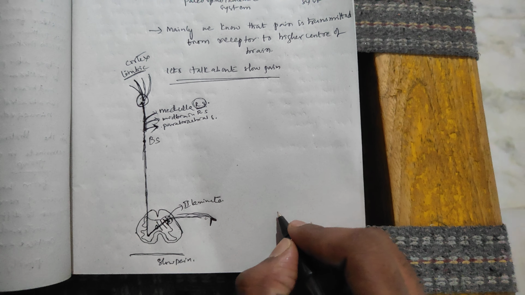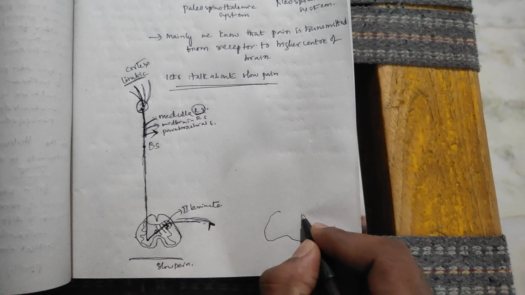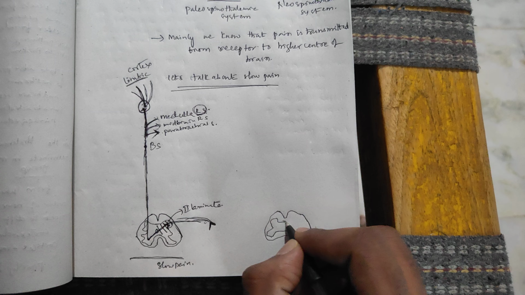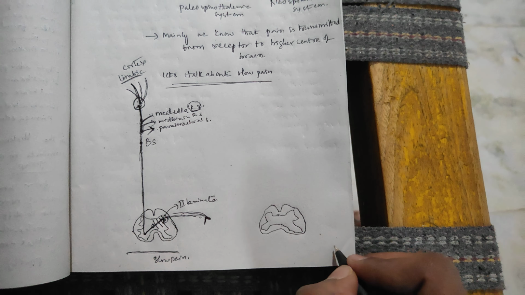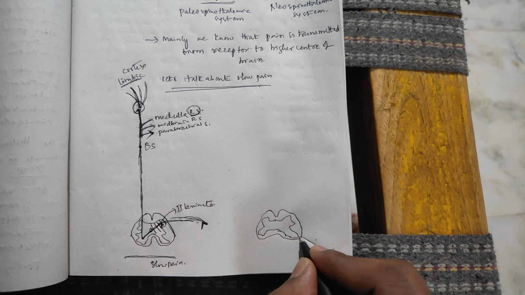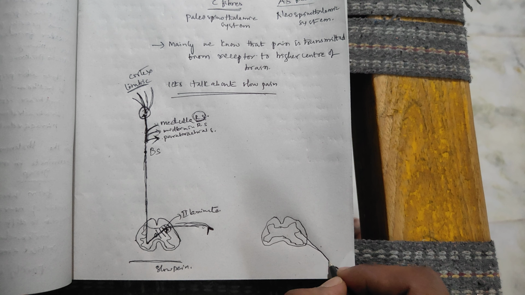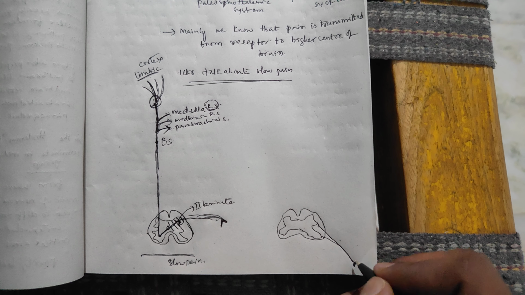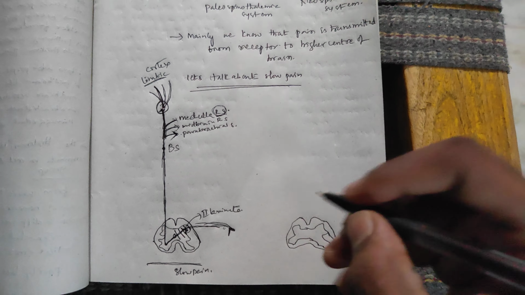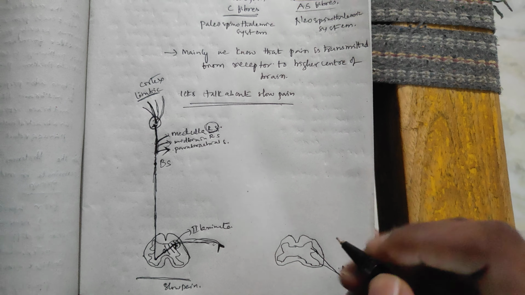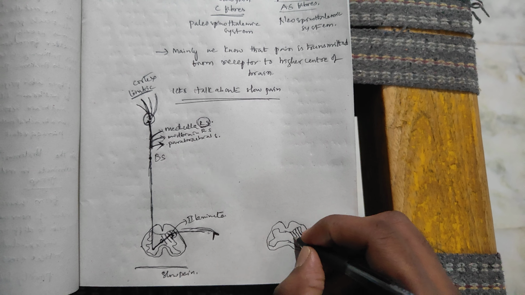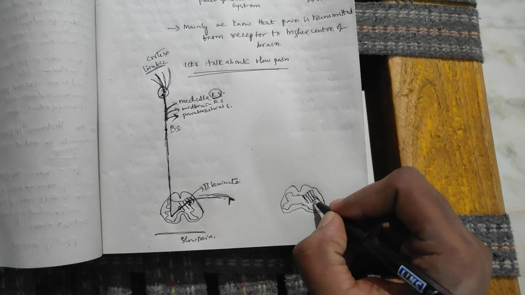And the fast pain pathway: mainly it has receptors, nociceptors, and it transmits pain through the A delta fibers. We know that the spinal cord dorsal root consists of 5 segments for sensory, 1 2 3 4 5.